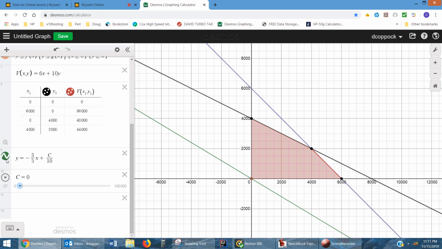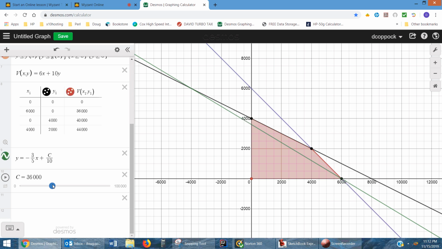Down here, I've turned the objective function into slope-intercept form so you can see the objective function moving up through the region right there. And when it hits the point 6,000, 0, you can see that C is 36,000.